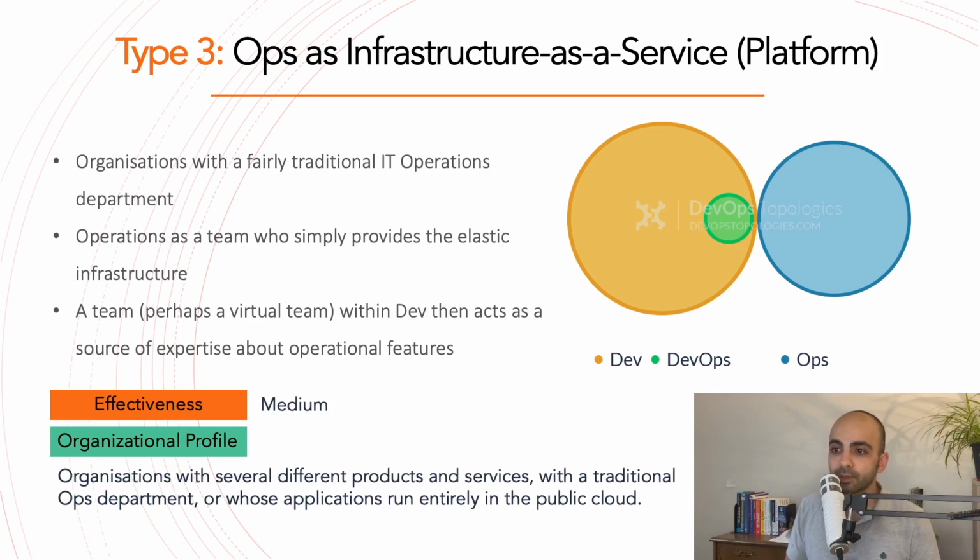The effectiveness is medium, but I see a lot of organizations recently using it. The organizational profile is organizations with several different products or services and a traditional ops department. It's very important that they have a department that knows how to do ops the right way, and that all applications run on the cloud.